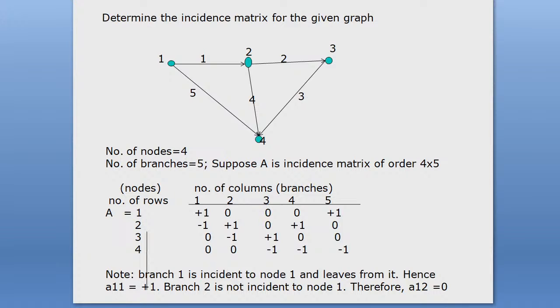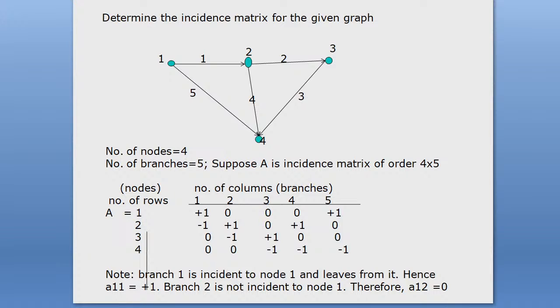Right. Now you see that the sum of values of elements for each column is equal to 0. If you sum up the values of elements for an individual column, then you see it will be equal to 0.